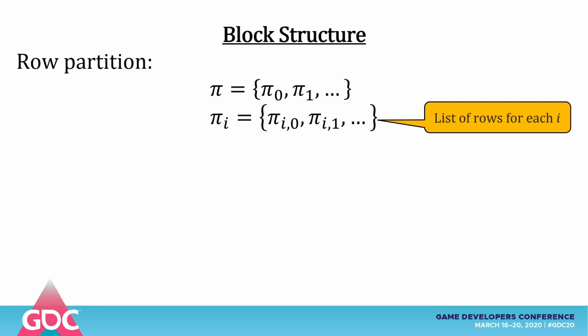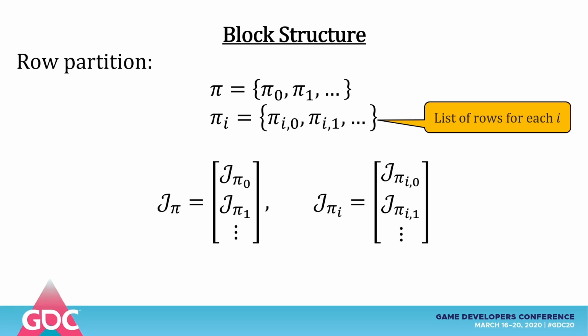This is formalized using partitions of rows. A partition is a grouping into subsets where each element is included in exactly one subset. A partition of rows induces a block structure on the Jacobian. It's the original Jacobian, but where the rows have been permuted and grouped together according to the partition.